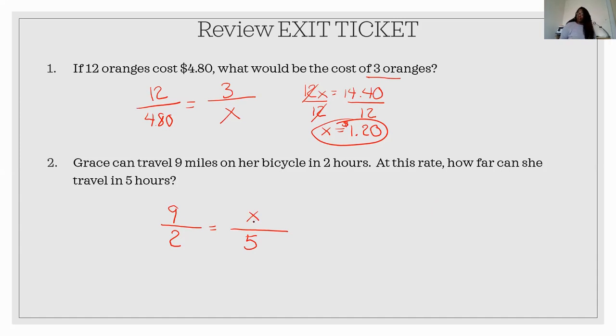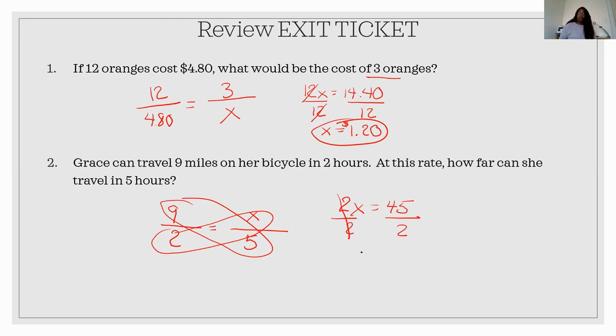Now, just like we did before, we're going to cross multiply. So I'm going to do 2 times x, and then 9 times 5. 2 times x gives me 2x, and 9 times 5 gives me 45. Now I want to do the inverse of multiplication, which is division.